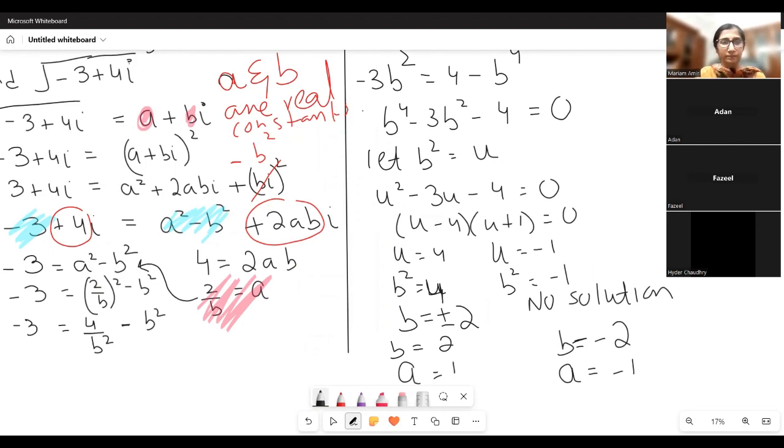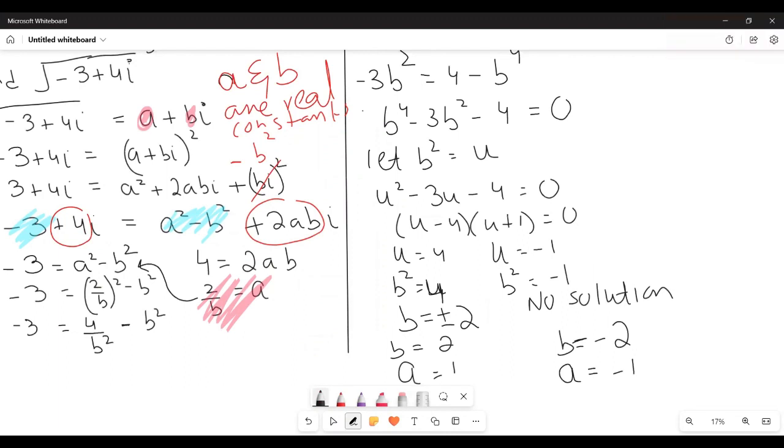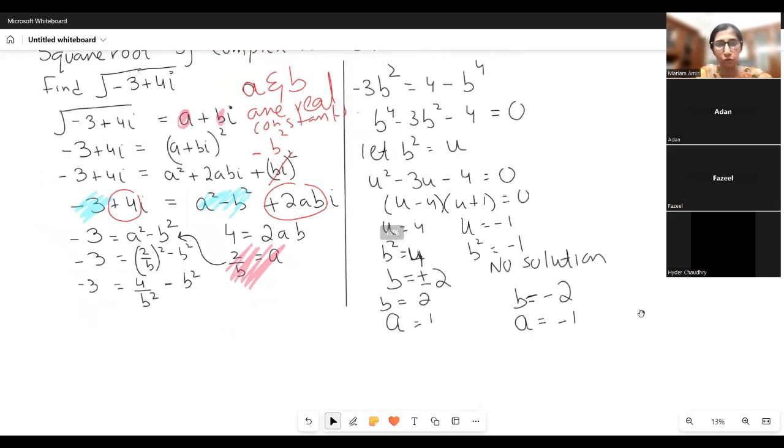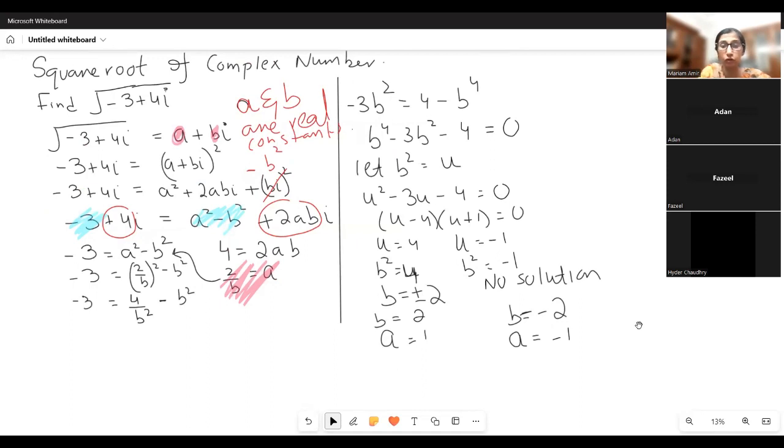So we have two answers for the square root.